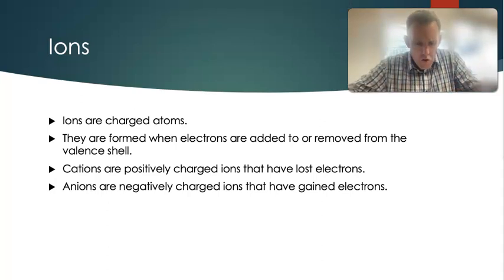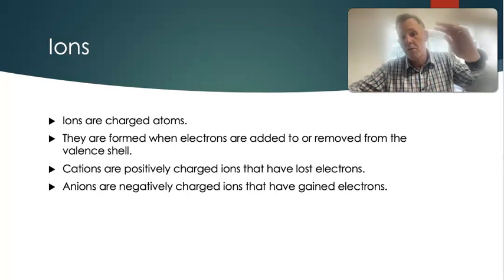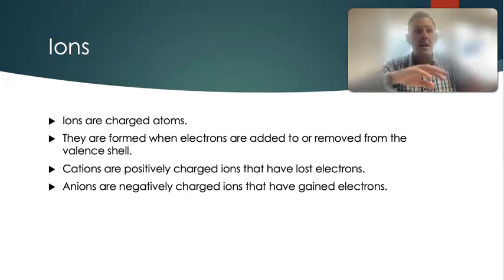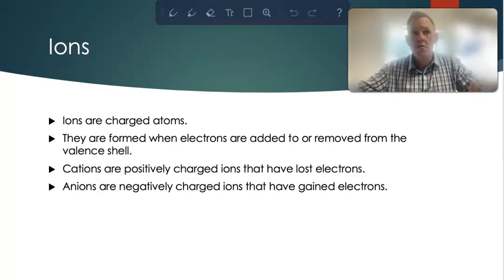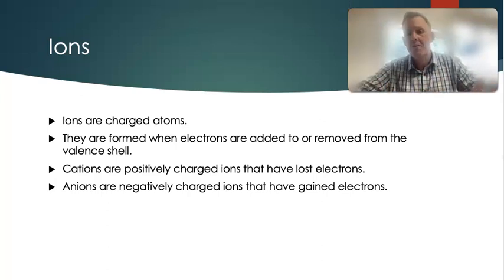Cations lose valence electrons, so they get a positive charge. Okay, and the reason is there's a difference between the number of protons and electrons within that structure. More protons than electrons, you get a positive charge. More electrons than protons, you get a negative charge. So however many electrons are lost will determine the size of the positive charge. However many electrons are gained will determine the size of the negative charge.